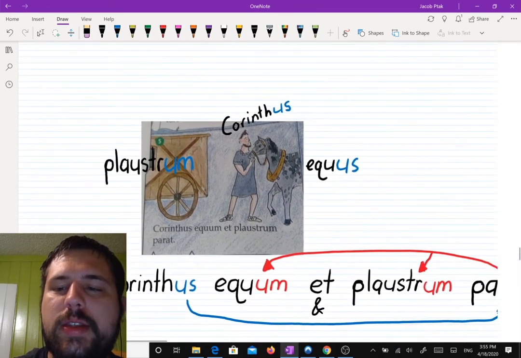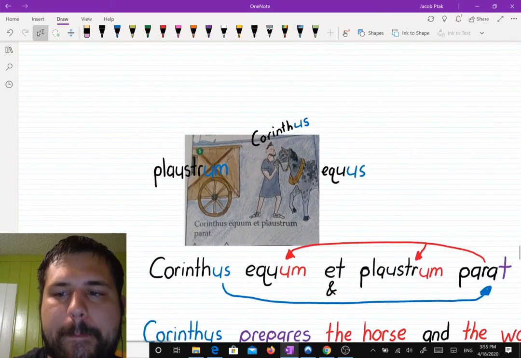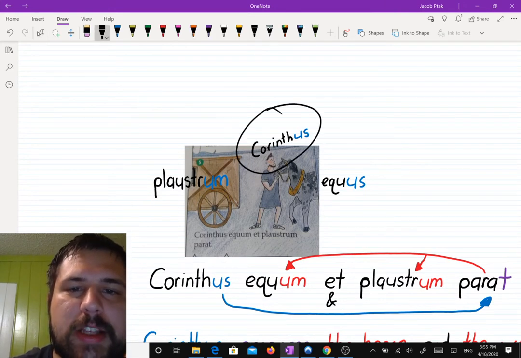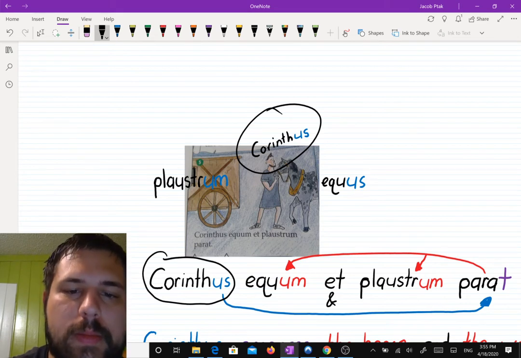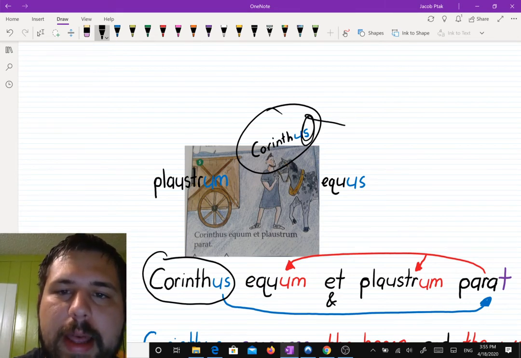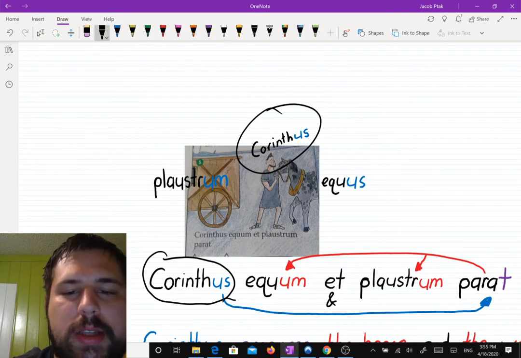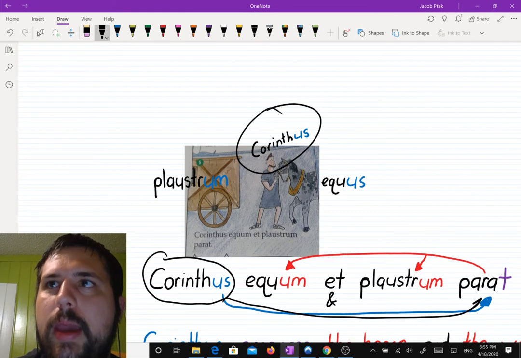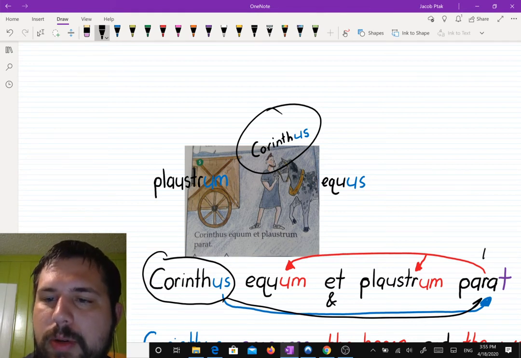So this is how your sentence looks when I break it down a little bit. Corinthus has my normal spelling, so he's my subject, because he doesn't have that fancy M on it that we normally add. So then you find what he's doing. Parat. Okay, maybe you need to figure out what that is by looking it up, but I'm just going to tell you it means prepares.